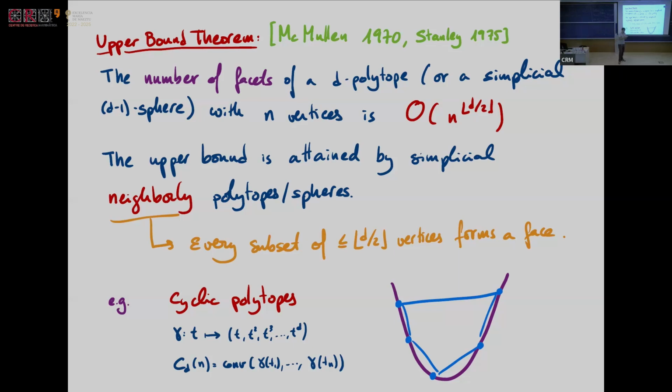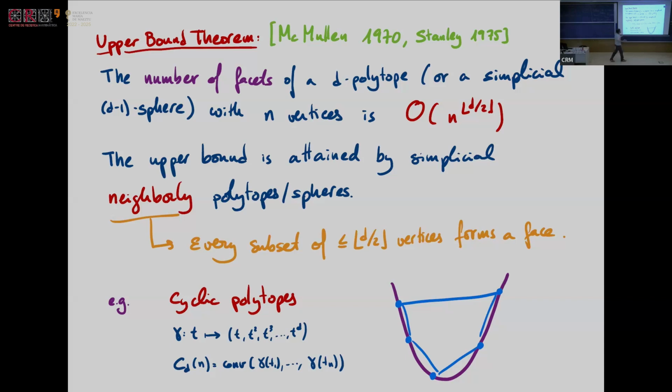A polytope is called neighborly if up to dimension d half you have all possible k-dimensional faces. So for every k up to d half, any subset of size k is a face. These neighborly polytopes clearly maximize the number of faces in low dimensions, and they all have the same number of faces, and they also maximize it for higher dimensions.